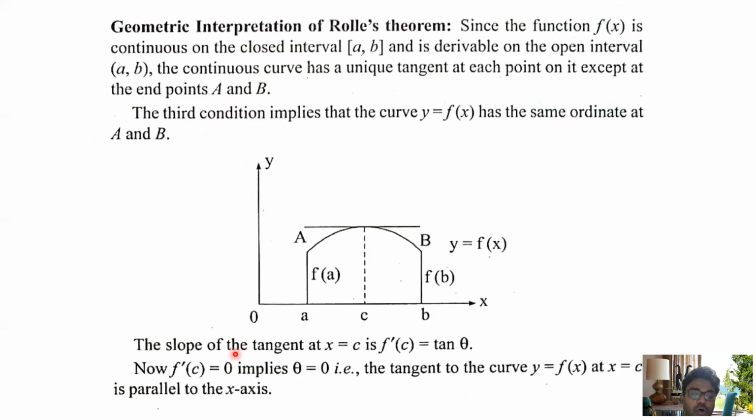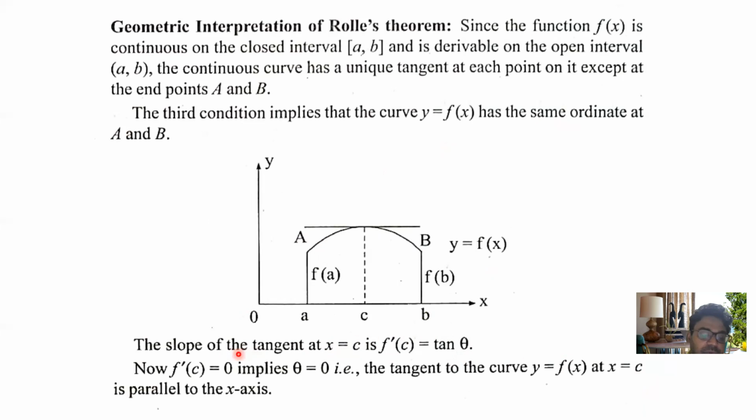The slope of the tangent at x equals to c is f'(c) is equal to tan theta. Now if all the conditions are satisfied, number 1, f(x) is continuous in the closed interval, f(x) is derivable in the open interval, and last, f(a) is equal to f(b), satisfying all 3 conditions, then f'(c) is equal to 0, which implies tan theta is equal to 0, which implies that theta must be 0.